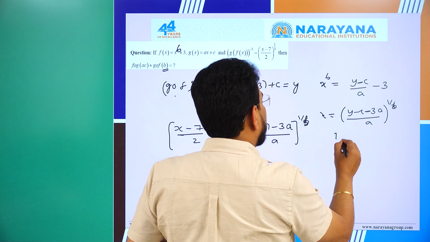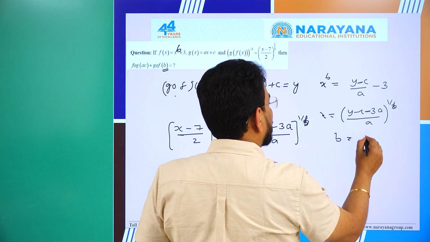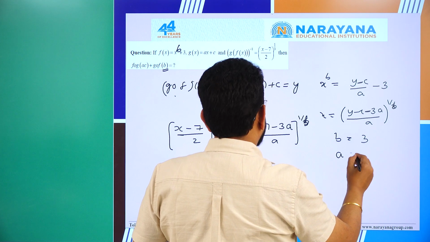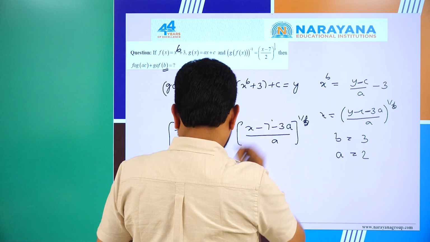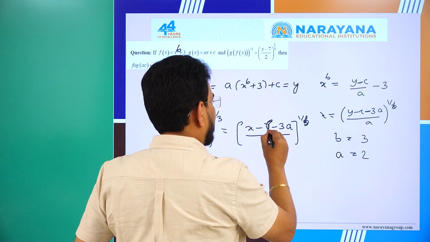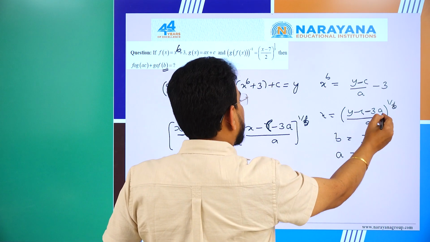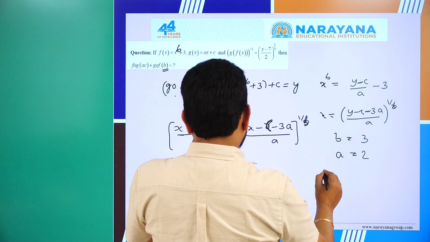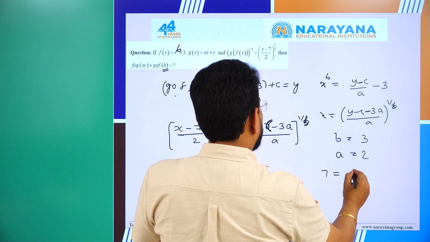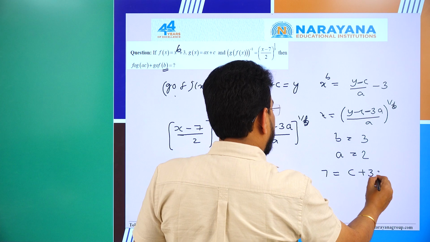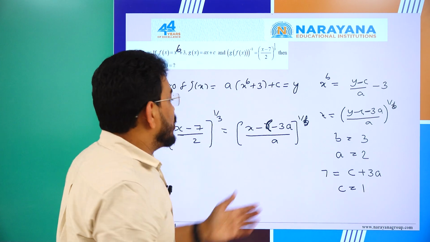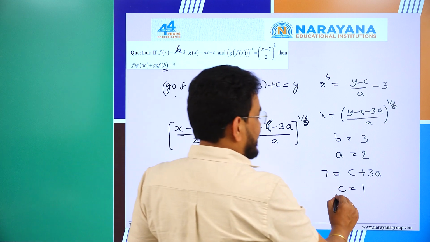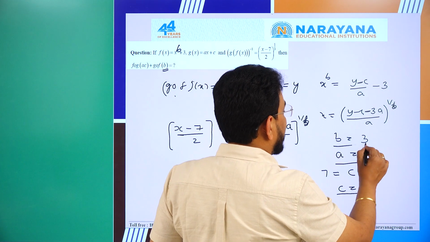So clearly b is equal to 3, a is equal to 2. Now here this is c. Okay, x minus c minus. So 7 is equal to c plus 3a, so c is equal to 1. So now you got c is equal to 1, a is equal to 2, b is equal to 3.